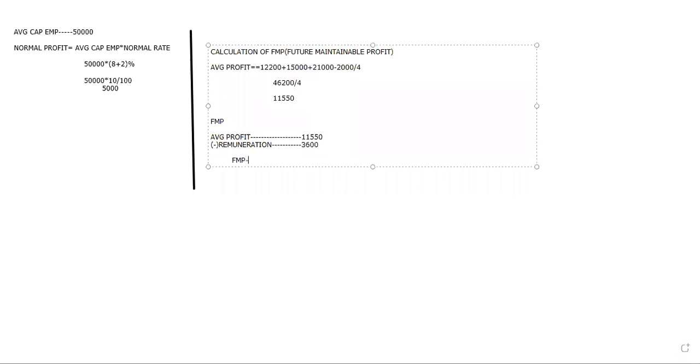FMP is equal to 7,950. So this is what I have got.